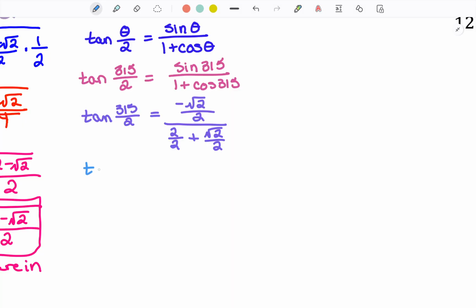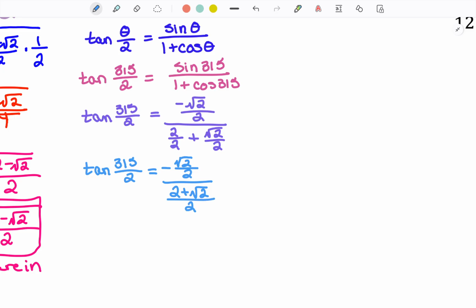And so we have the tangent of 315 over 2. And so we're going to make this bottom part of our complex fraction one big fraction. So we have 2 plus the square root of 2 over 2.